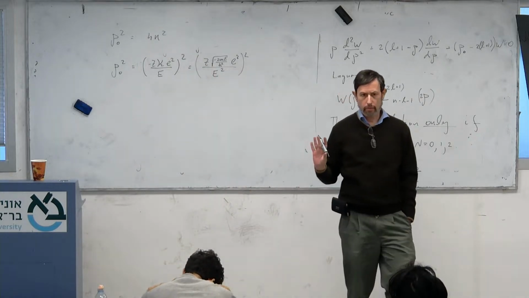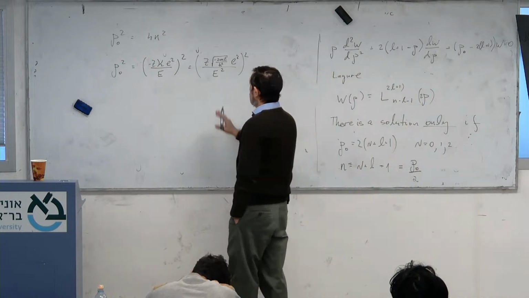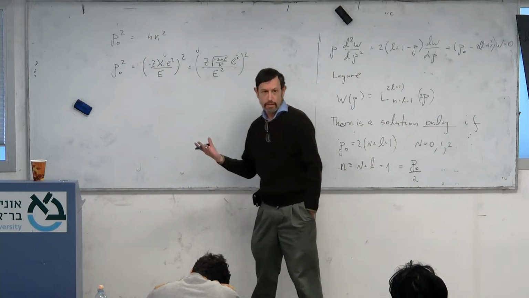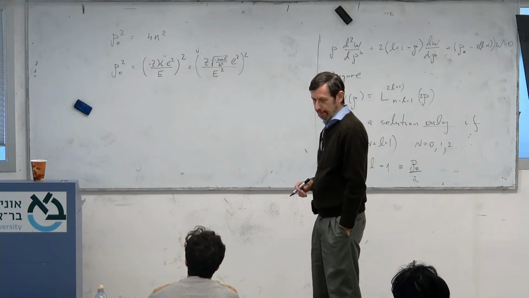I just wrote down the definition of Z, got rid of the minus because it's squared.